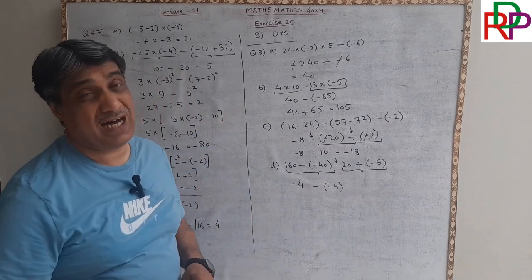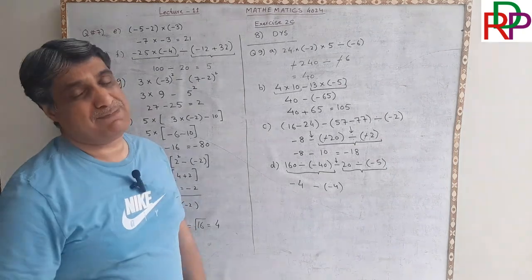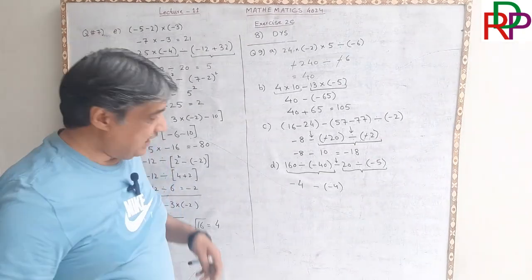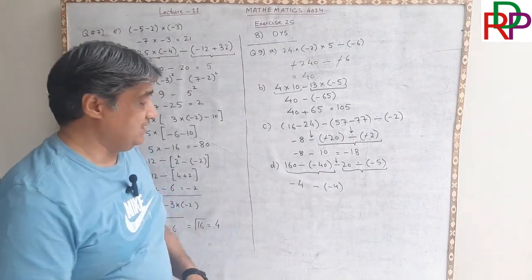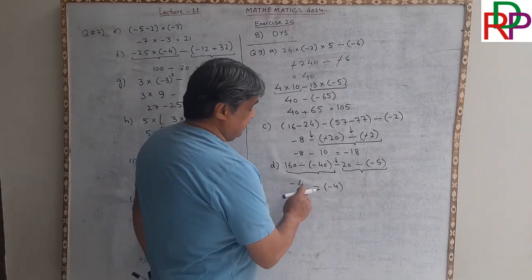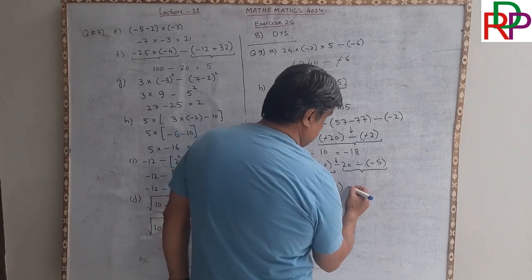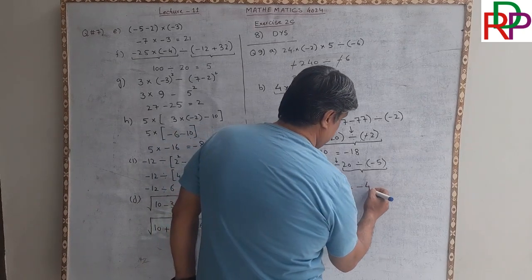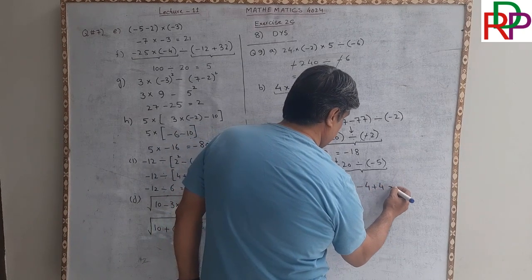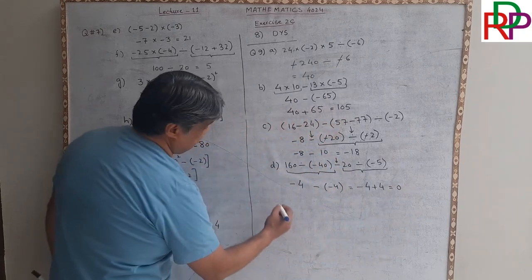So even if you are a more experienced person, also do it on the calculator. So here it is minus 4 minus minus, and then minus 4 plus 4, which is equal to 0.